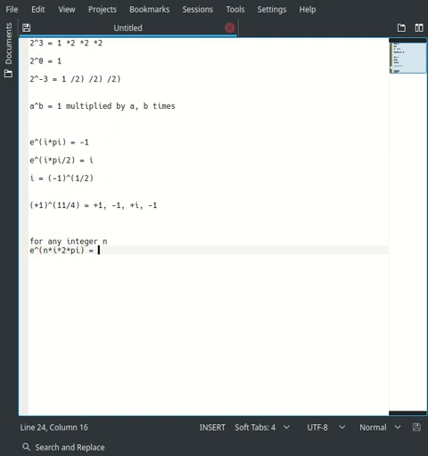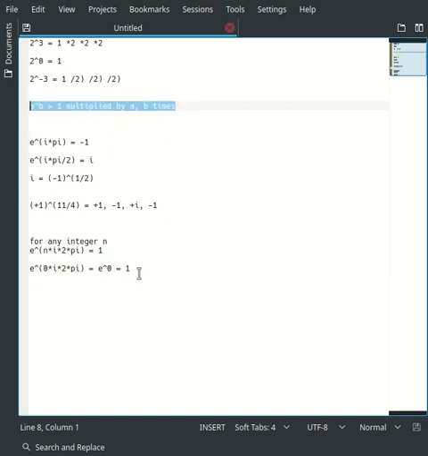Okay, this one is 1. So if your n is 0, we get e to the, it's just 0. Right? But you can put all that on there too. And now, by our definition of how exponents work, that's just 1.